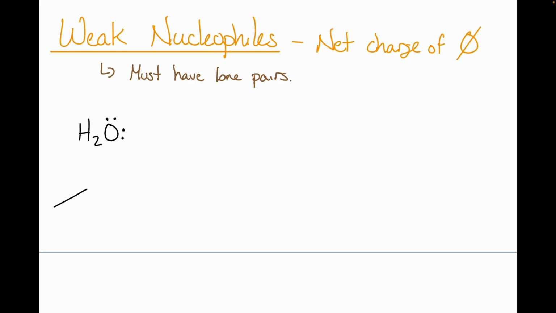It can be either the simplest oxygen or put some alkyl chain on there, so we'll see alcohols playing the role of nucleophiles. Same with sulfur. Sulfur is actually quite a good nucleophile, again just because it's really large. Its electron cloud is really large and spread out, so it can donate those electrons a little bit easier than the smaller atoms.